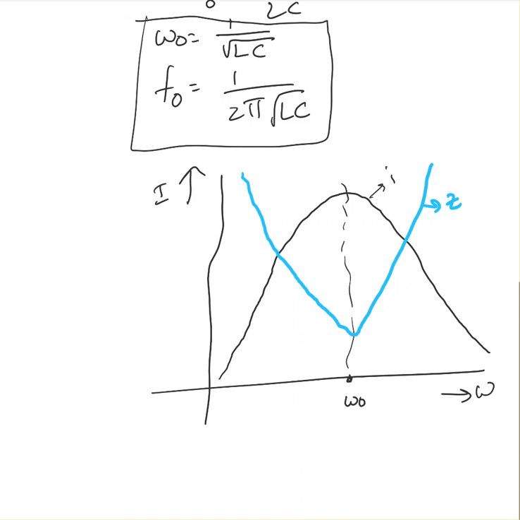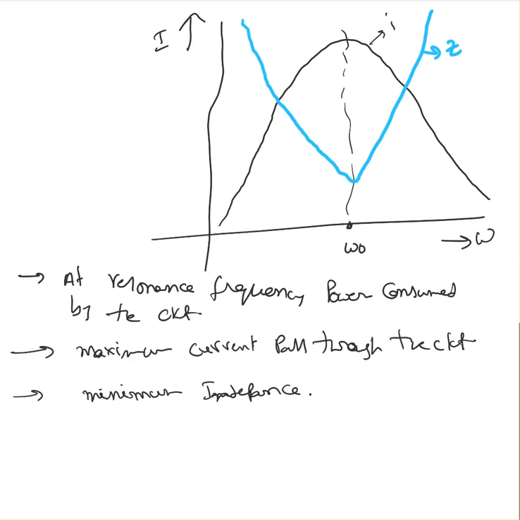Since the current is maximum, power is going to be maximum. At resonant frequency, power consumed by the circuit is maximum, current is also maximum, and impedance is minimum.